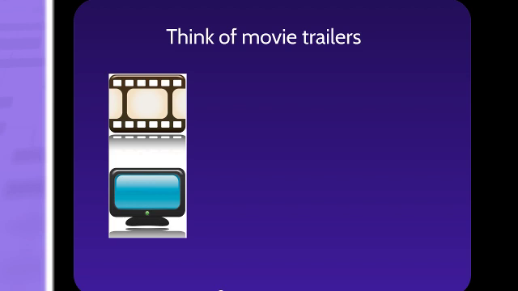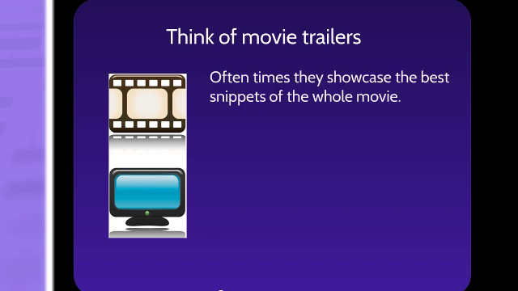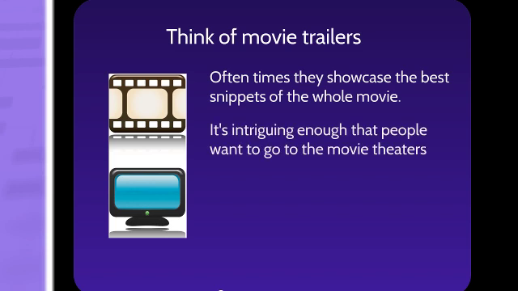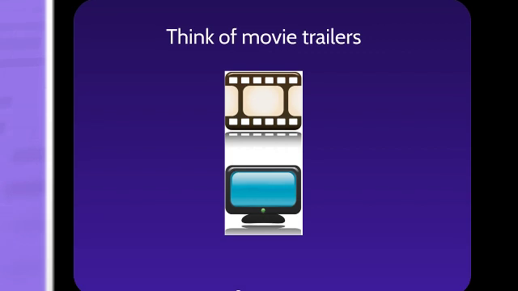But that's what you're trying to do. You're trying to take a piece of the whole that is really interesting and appealing, to the point that it's going to intrigue somebody to want more. So they show the best snippets of the whole movie. That's what we want to do. Same concept. Think about the concept of movie trailers and apply that to your business.